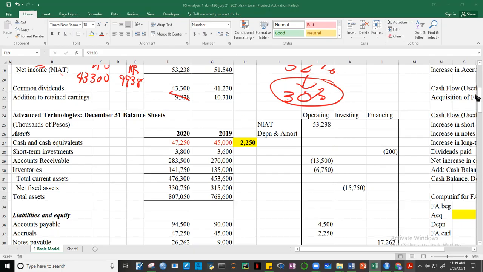Binawas natin yun sa income statement. So what do I do, guys, with the depreciation and amortization? Binawas natin yun. So ano dapat ang gagawin natin in order to adjust the net income after tax?